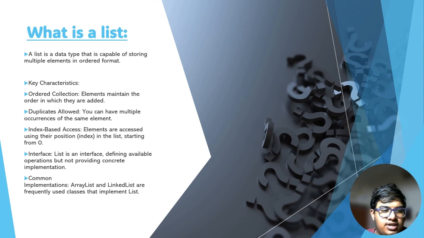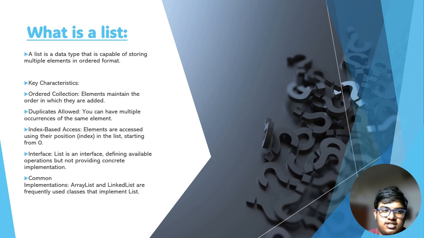So accordingly the elements are under the same index and they don't change their places unless we change them. Next is the interface. So list is an interface defining the available options but not providing concrete implementations.